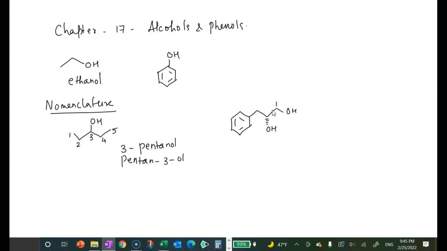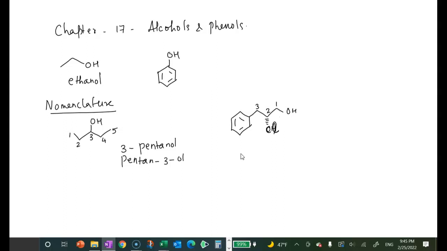This will be a 3 carbon atom chain with the phenyl as one of the substituents, and we have a chlorine here, Cl. At the second position we have a chiral center, and at the first position we have the OH. So you have to give the lowest number to the chain bearing the functional group. So we have 1, 2, 3.